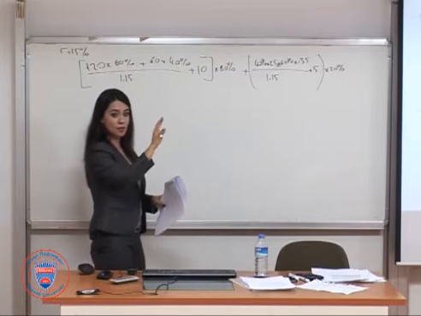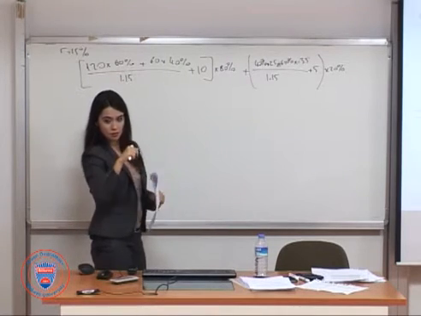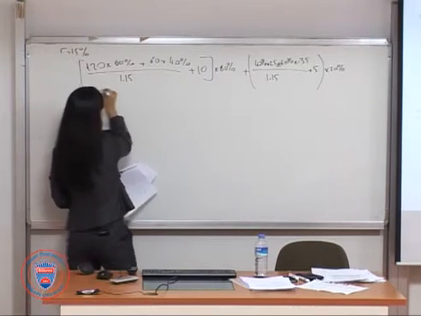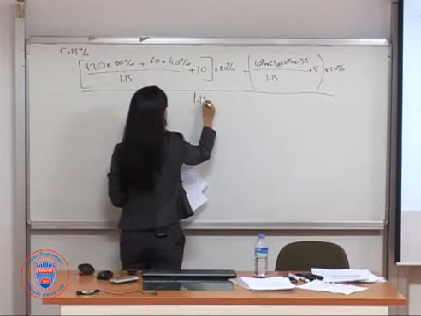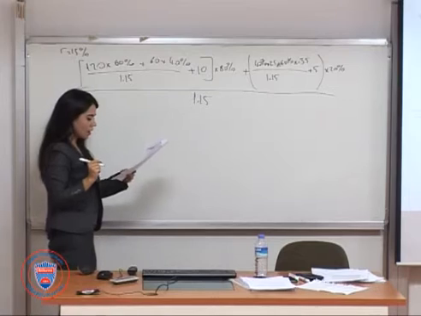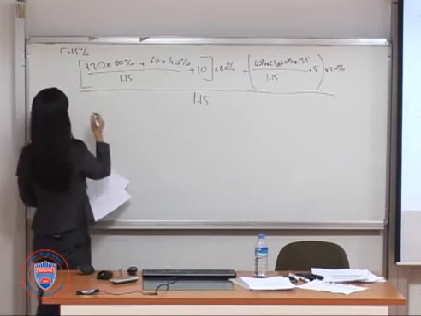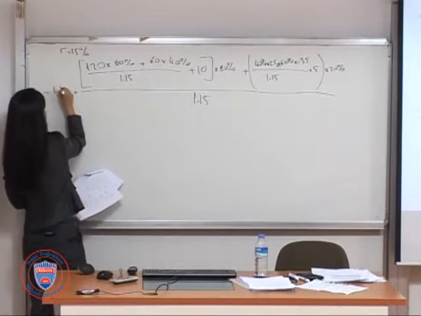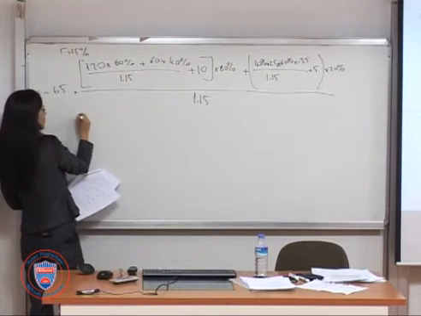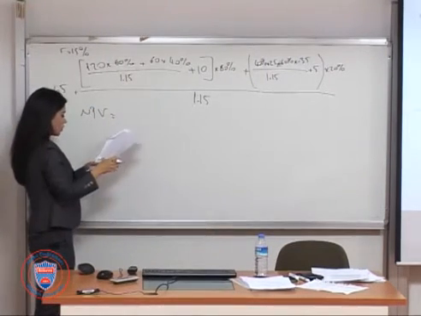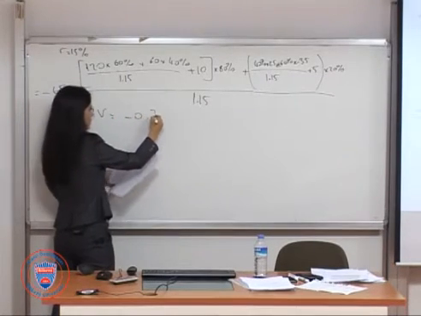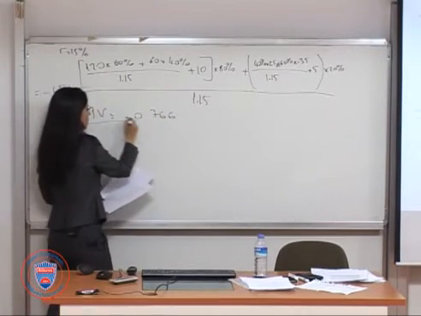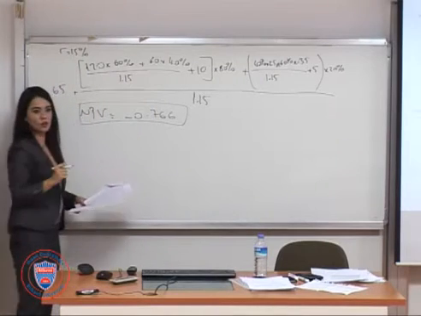So this is time 1. I'm interested in NPV, which is time 0, so I'm going to discount those one more period. Then I need to consider the initial cost. So the NPV of the project will be equal to minus 0.766 without the option of abandonment.